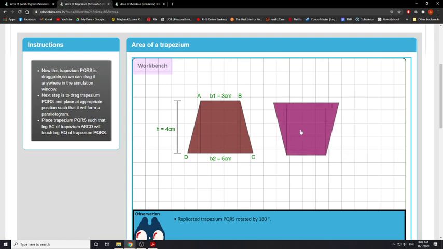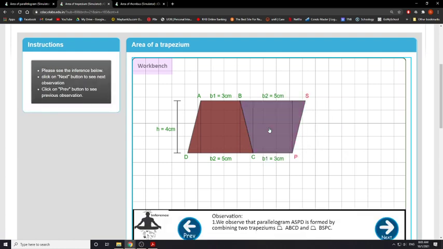Then if I pull it and put them next to each other, notice it's now a parallelogram. Except in this case, the length here is 8 because it's 3 plus 5, and my height is 4. As you know, a parallelogram is easy to calculate when you have the height and the length.